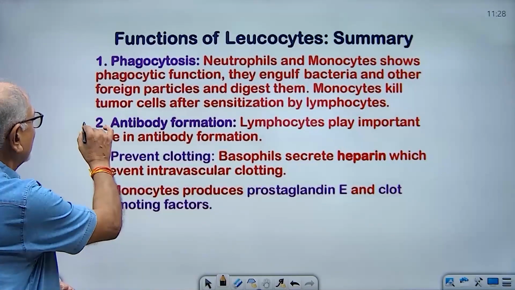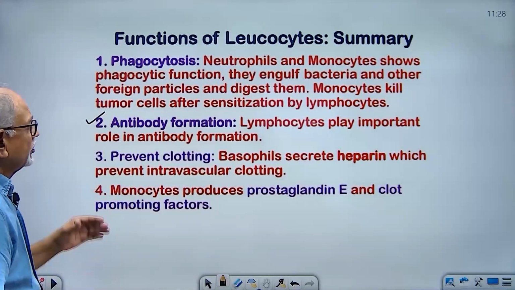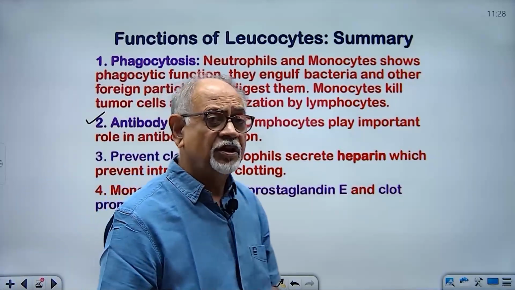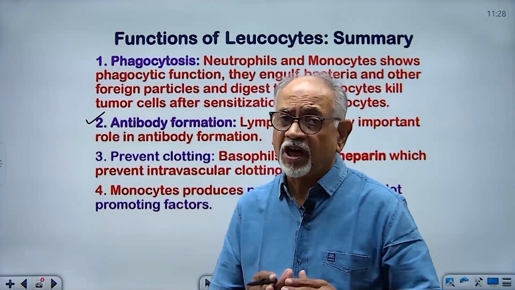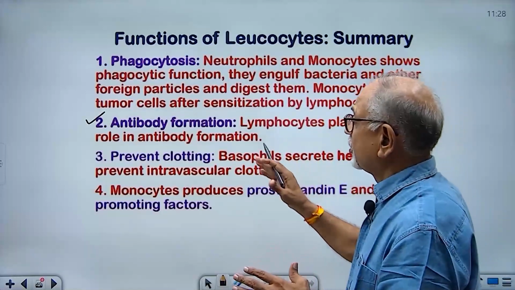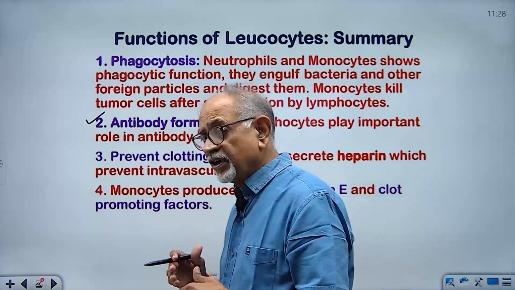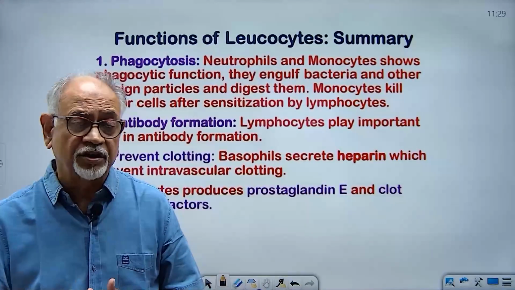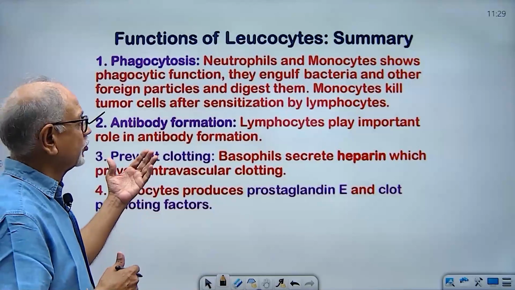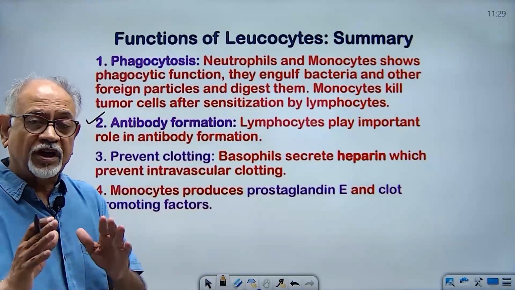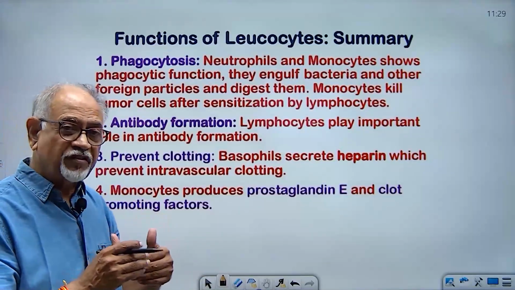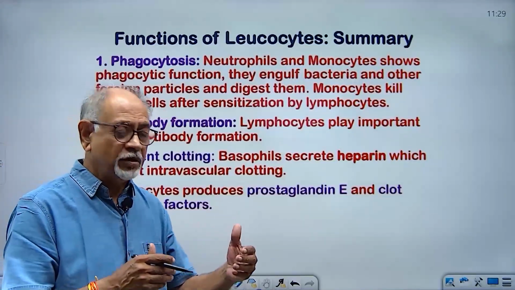Then the second function is antibody formation. As I just explained, the B lymphocytes are instrumental in production of antibody. They are further differentiated in the tissue as mast cells, and mast cells produce antibody for a specific pathogen. So, this is a specific humoral immunity.